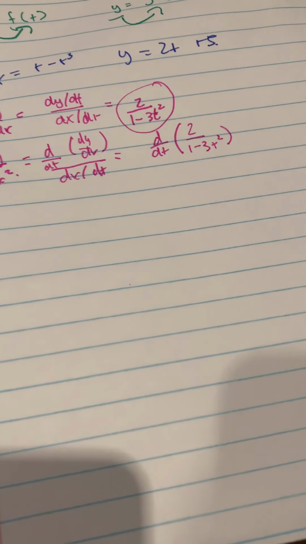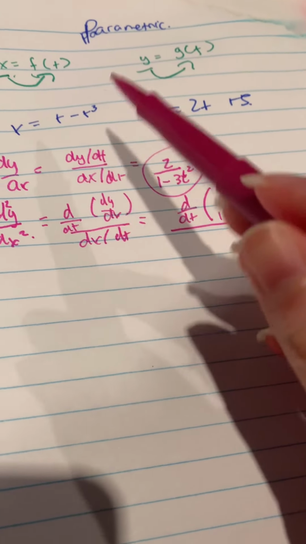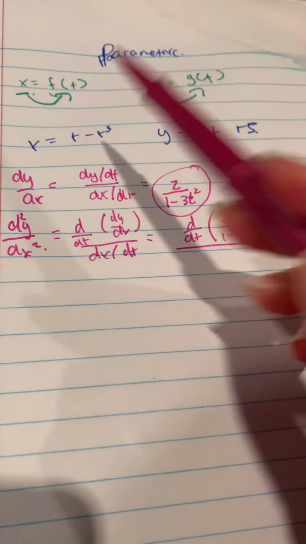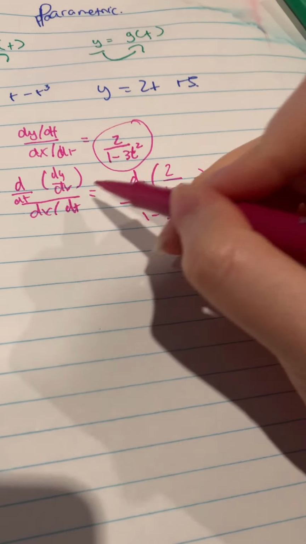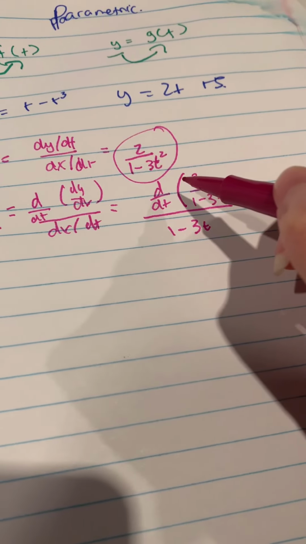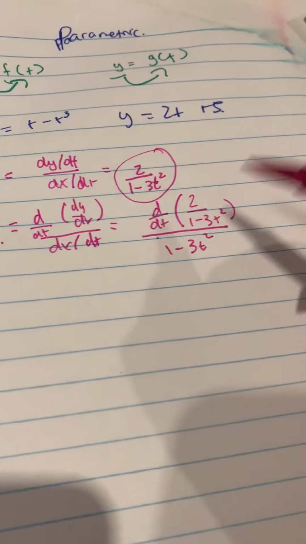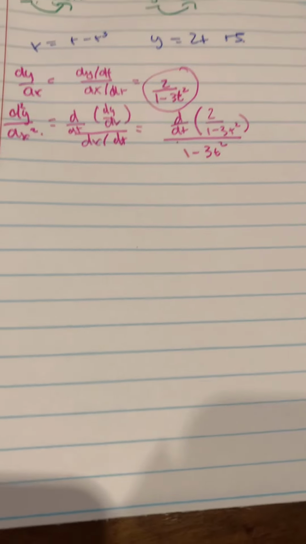And then the bottom is dx/dt, and the derivative of x with respect to t is just 1 minus t squared.